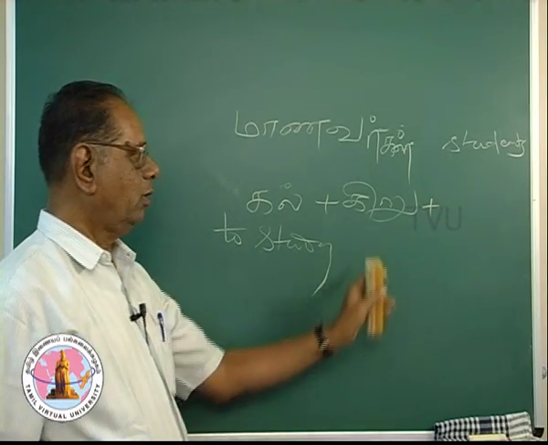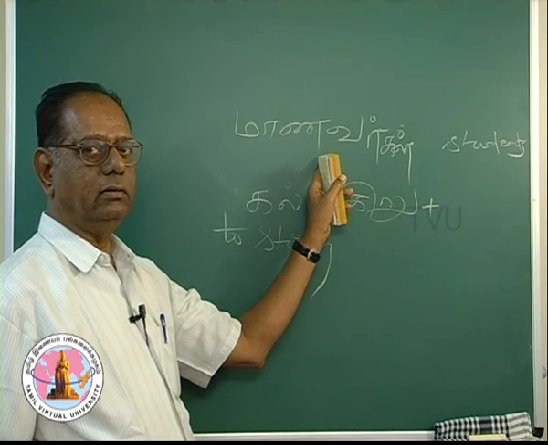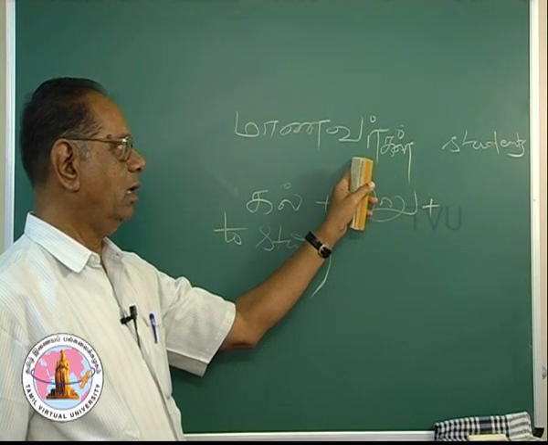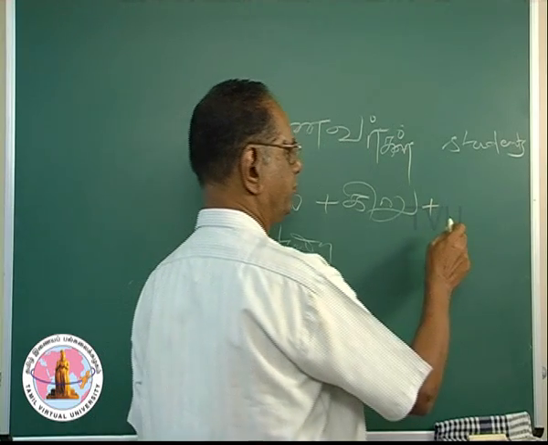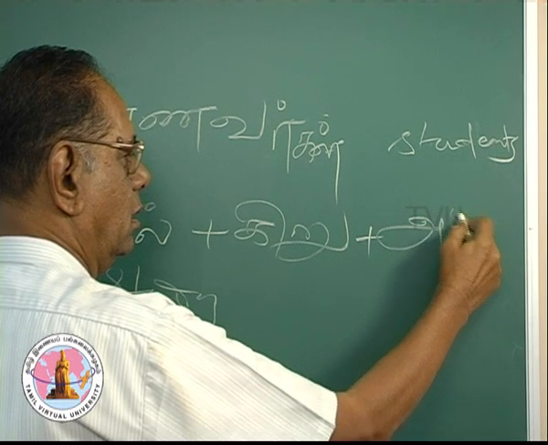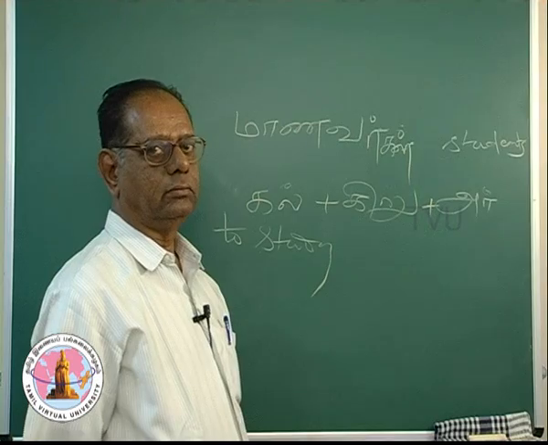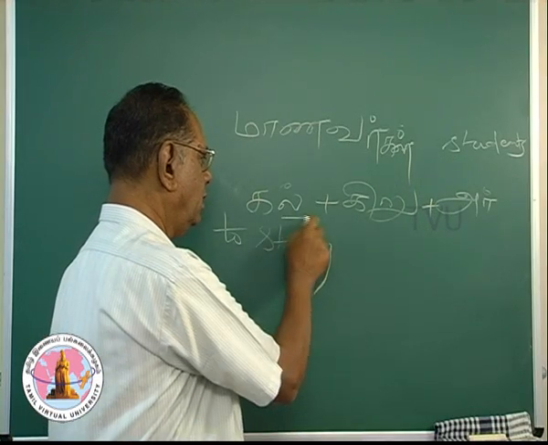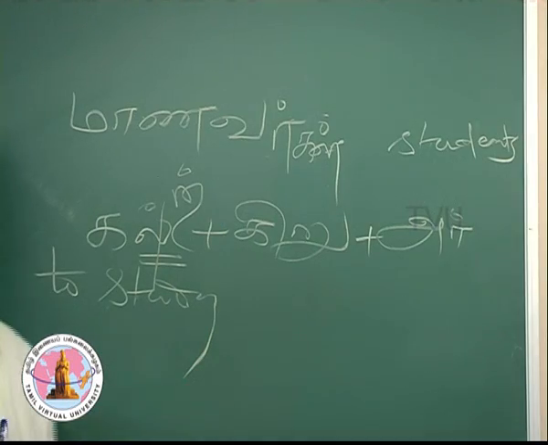And what will be the personal suffix? For Manavargal, this third person, plural, human beings. So, naturally, what is it? And this undergoes a change. Remember, for kal and nil and will, there is a change.